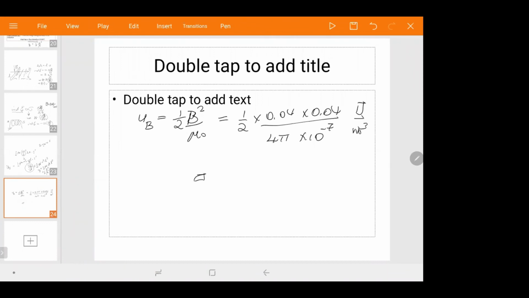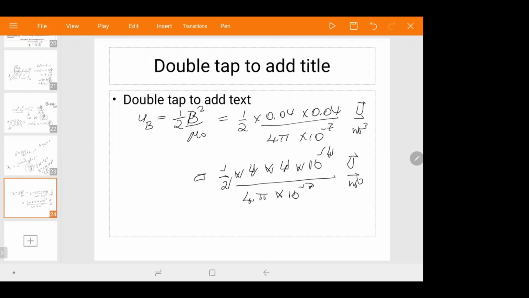Write two things now. 0.04 means a half times 4 times 10 to the power of -4, divided by 4 pi times 10 to the power of -7, joule per cubic meter.